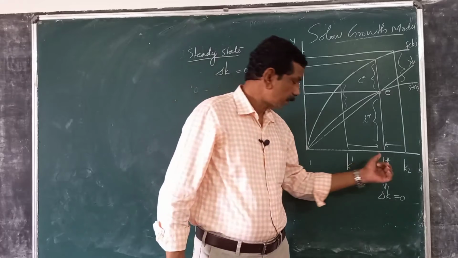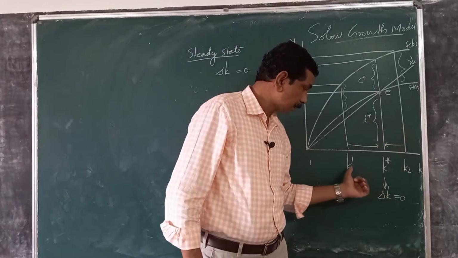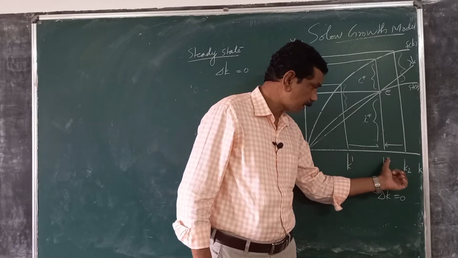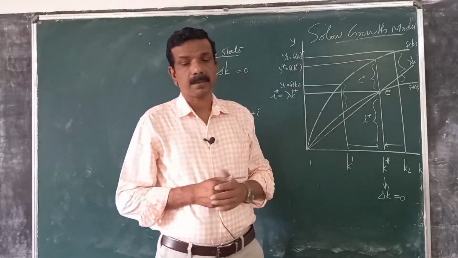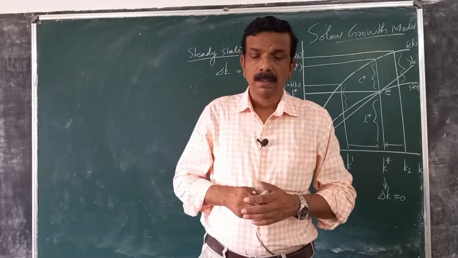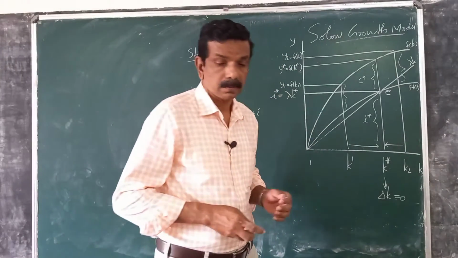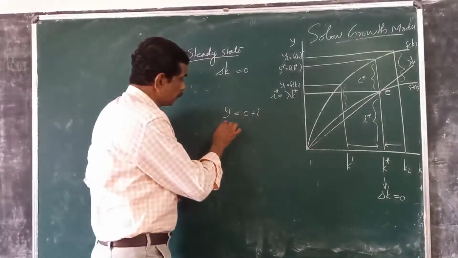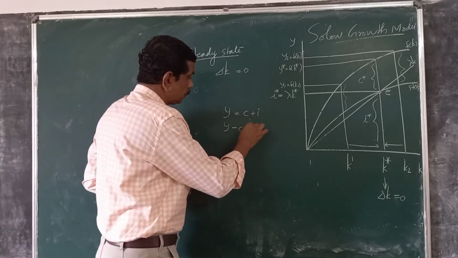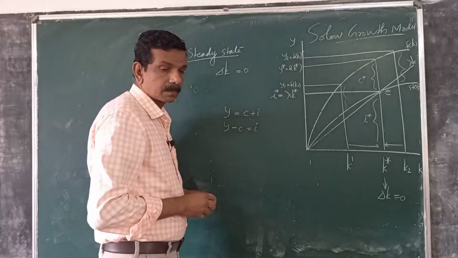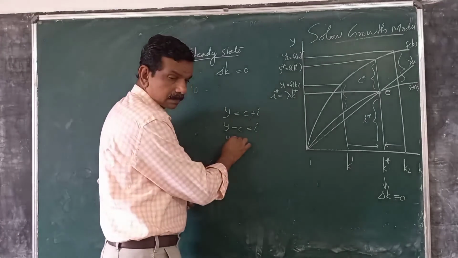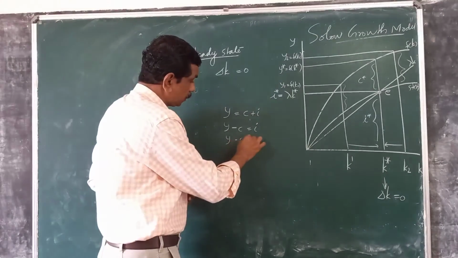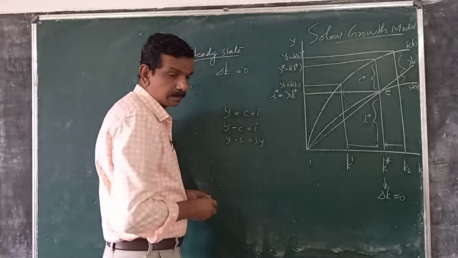As K increases from K1 to K star, Y1 increases to Y star. And as Y is equal to C plus I, Y minus C is equal to I, which is equal to sY.